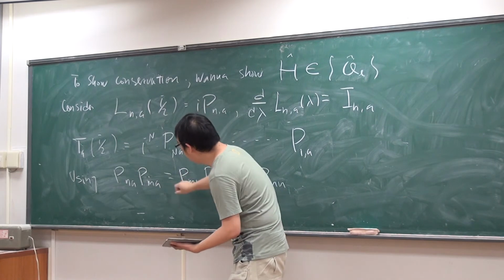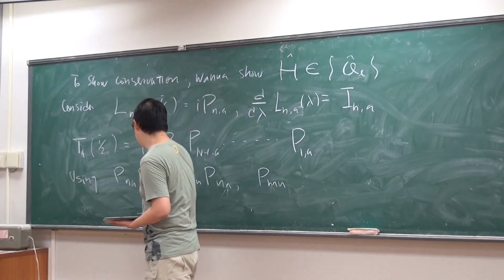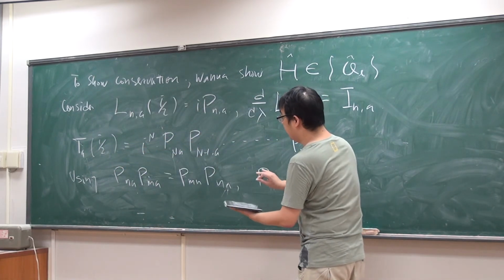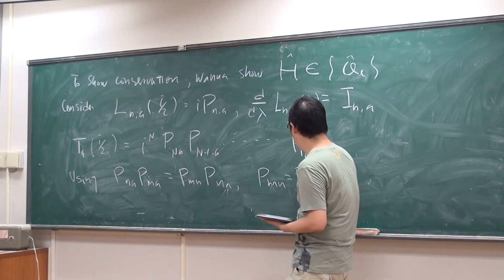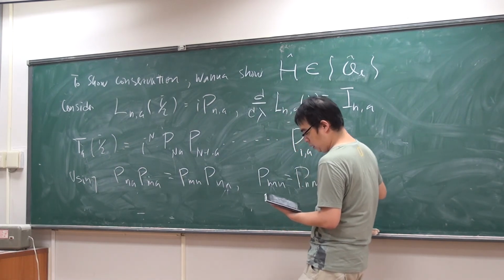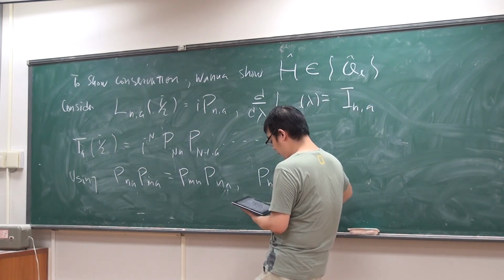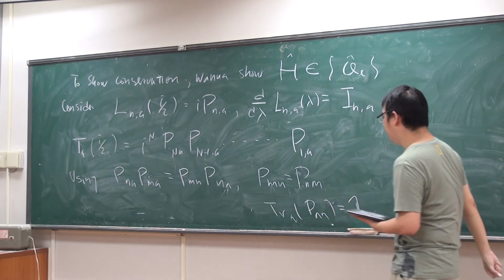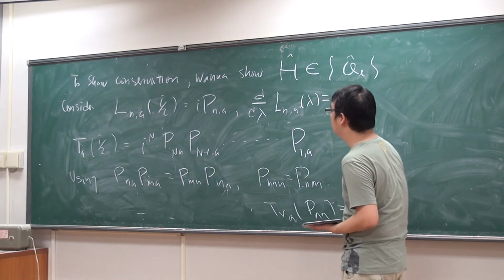Simply acting on the vector spaces V_n and H_n, this really is what it does. And finally, the trace over A of P_{A,n} equals the identity matrix over n.